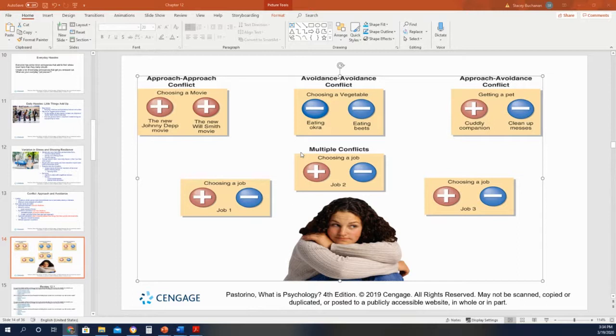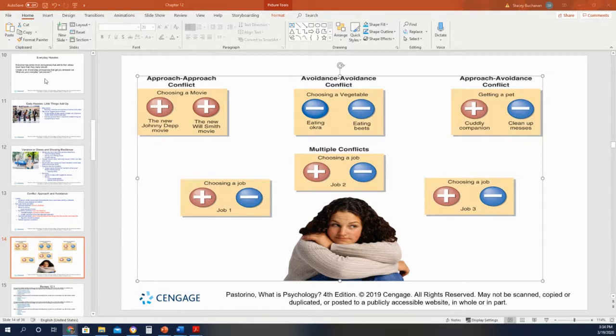Avoidance: assuming that you hate okra and beets, which, I'm gassed, that offends me, but whatever. You hate either of those vegetables, so you don't want to eat okra and you don't want to eat beets. So you may be immobilized and choose to eat neither. The example I use for approach avoidance conflict is getting a pet. It's approach because they're super cuddly and great, but it's avoidance because you have to clean up messes, they poop and pee everywhere.